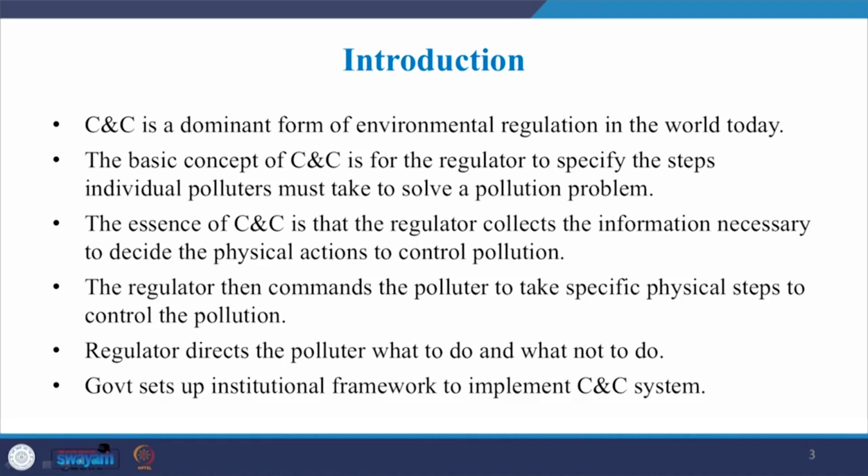If they are not following the standards set by the government through regulation, then the regulator can punish the company, or a penalty can be imposed on those who are violating the regulations.